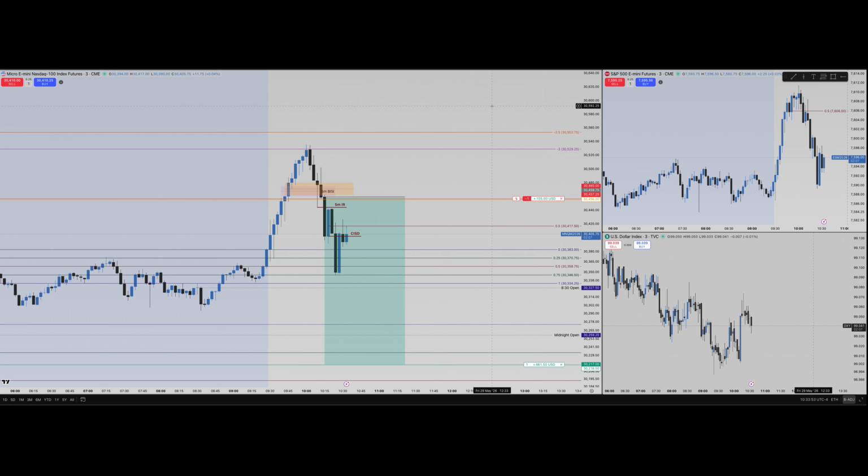Now at this point, as it was spending a decent bit of time near that opening price of the bearish order block, I wanted to see a move lower towards that swing low that price has created near the lower quadrant of the opening range gap.